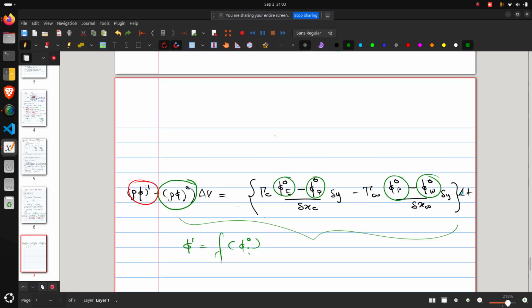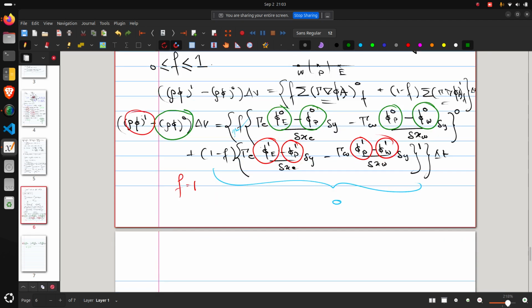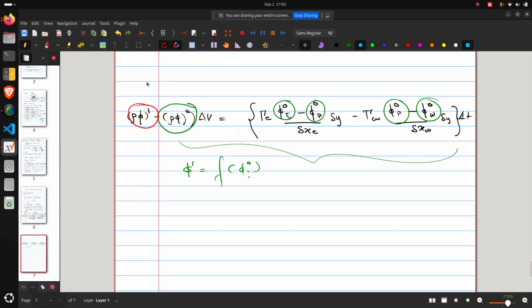But when we have f equal to 0, what do we have? This whole term vanishes, and we are only left with this part. This will become 0, this will become 1. So when f equal to 0, let me just write it down.